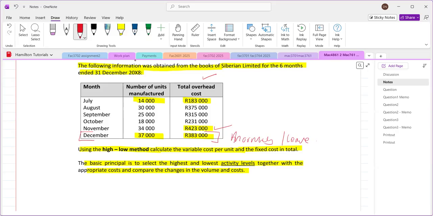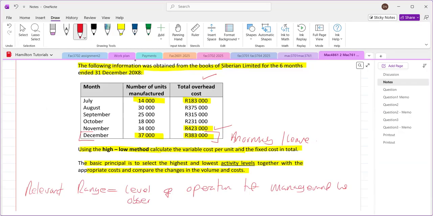Remember, when we talk about cost behavior, we talk about the relevant range. So when we say relevant range, we are saying that this is the level of operation that management has observed, and hence can estimate behavior.